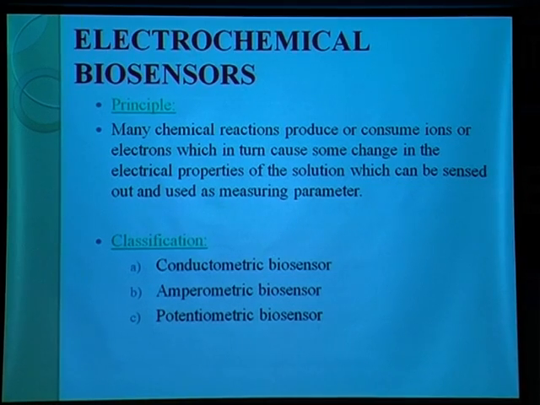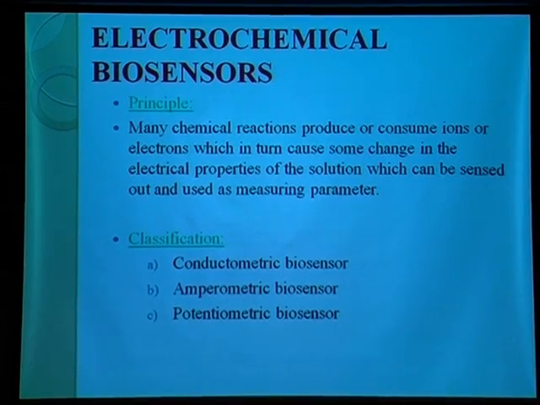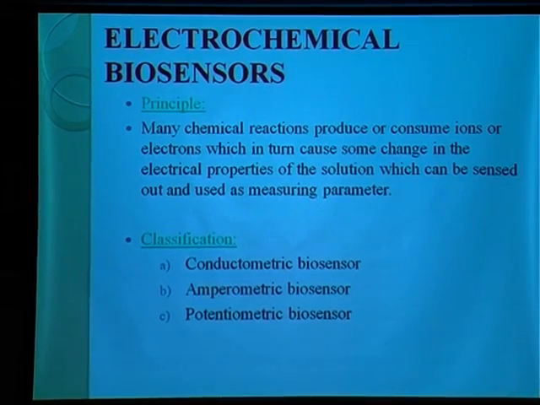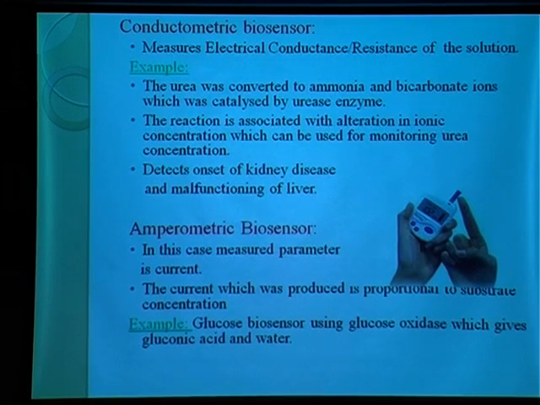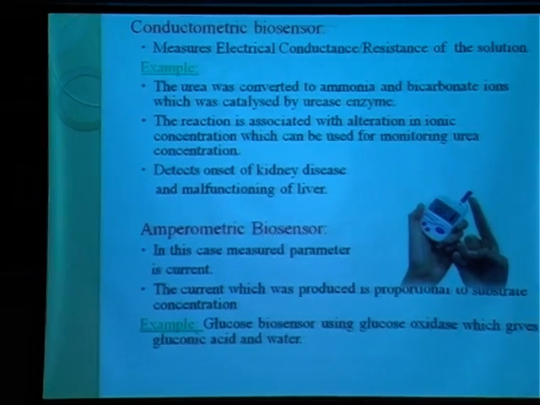Then next comes electrochemical biosensors. Electrochemical biosensors are again classified into conductometric, amperometric, and potentiometric biosensors. Conductometric biosensors are used to know the changes in conductance, electric conductivity and resistance of a given substance.